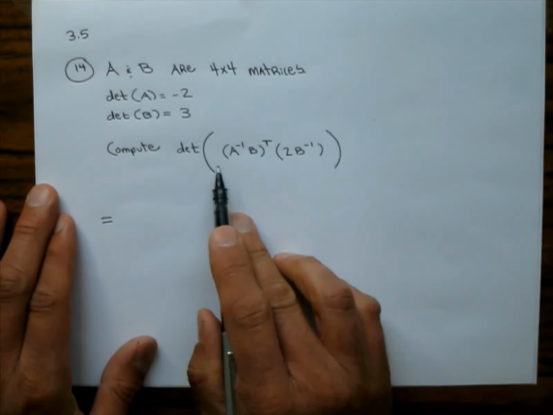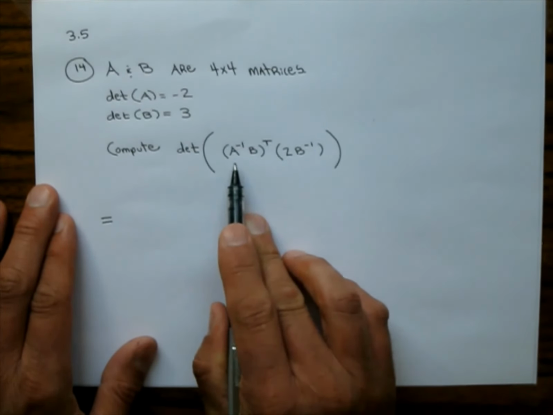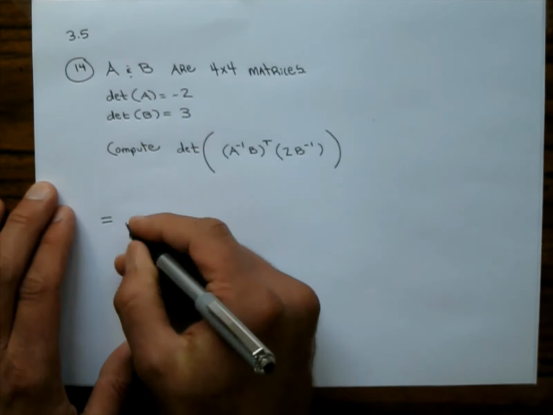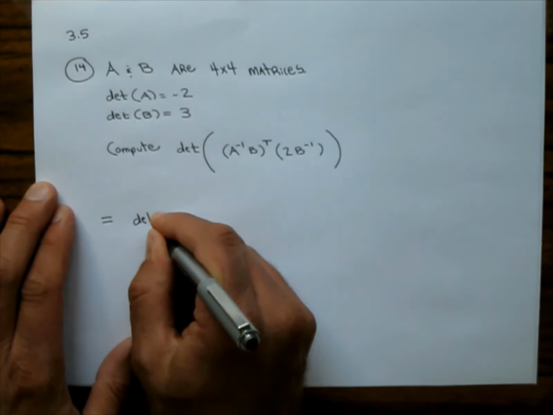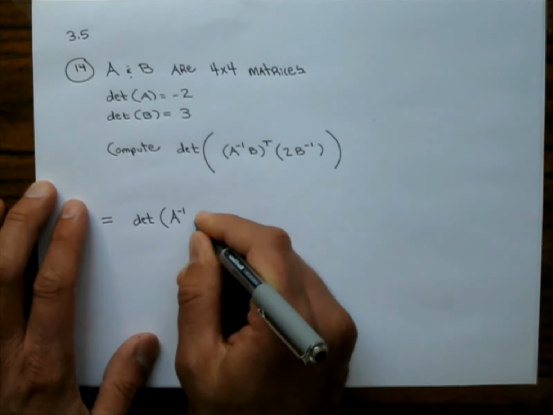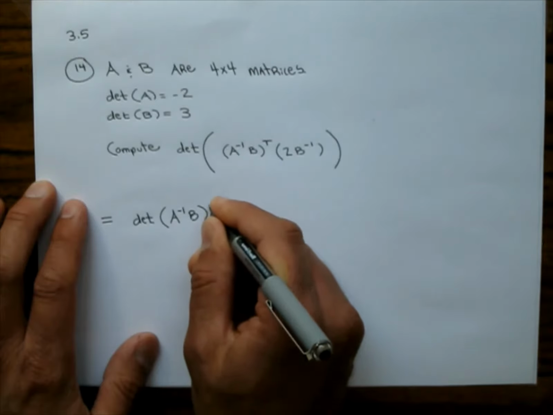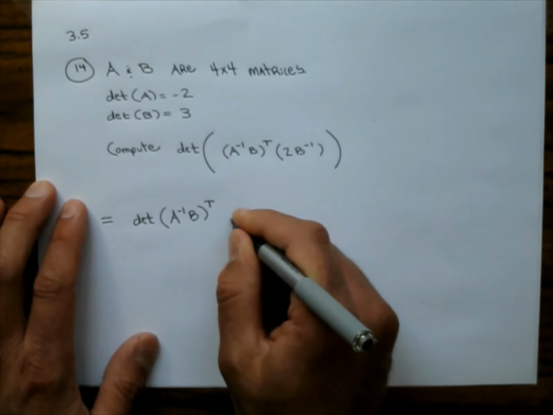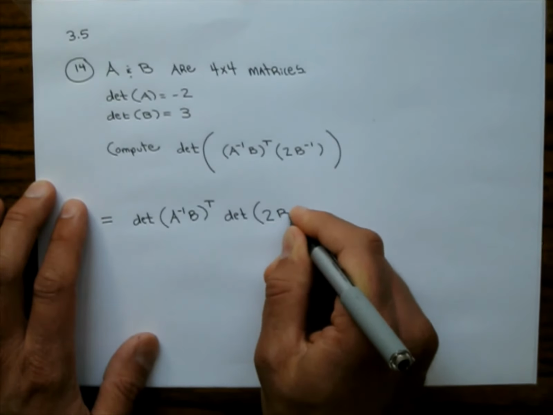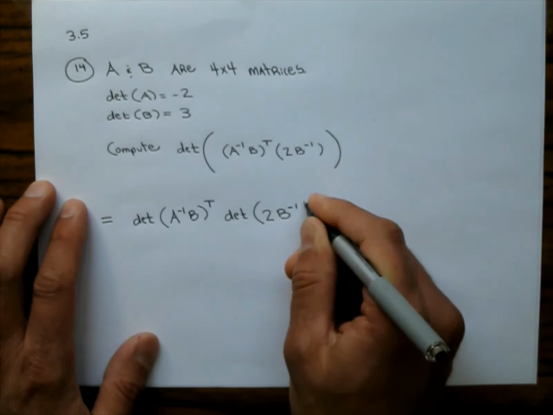So I have the determinant of a product. So here's a matrix and here's a matrix. It's really the product of the determinants. And so that's the first thing to realize. So this is really the determinant of A inverse B transpose, times the determinant of 2B inverse.